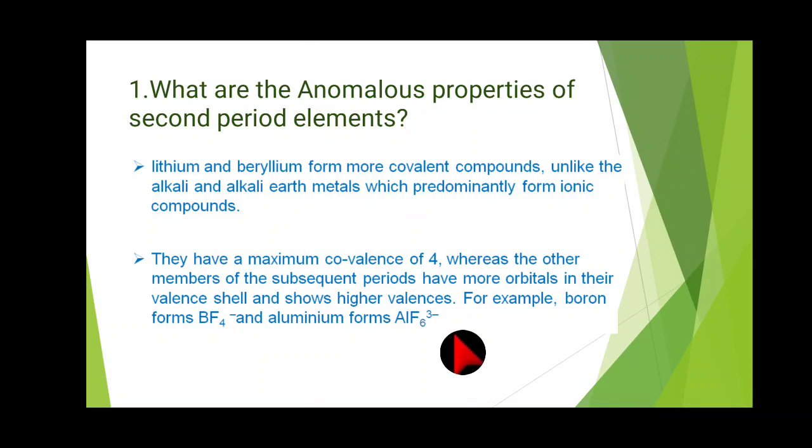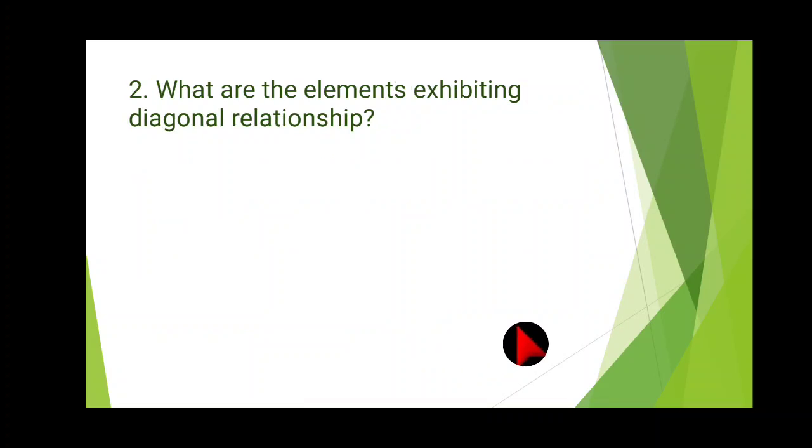Aluminium forms AlF6 3 minus with fluorine, because of higher valencies. So these are the anomalous properties of second period elements.